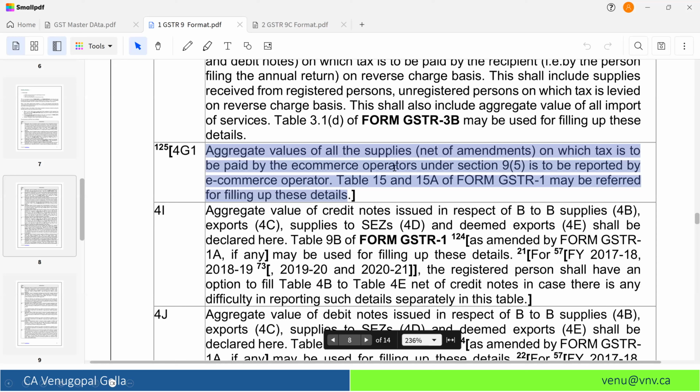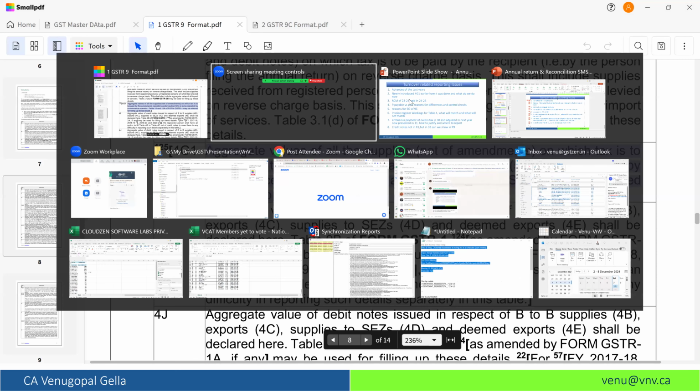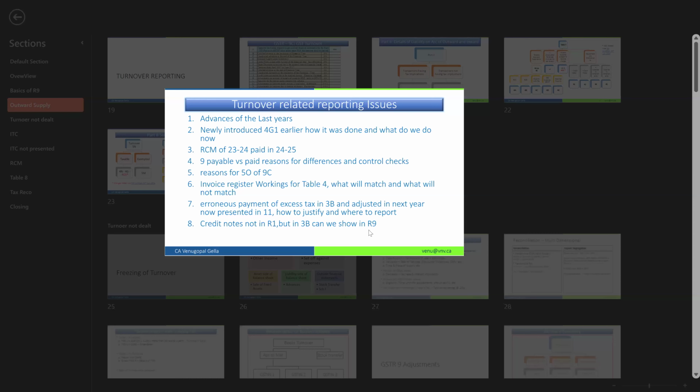Here we are talking about Urban Clap doing plumbing services, Ola, Uber, Make My Trip, unregistered hotels, Swiggy, Zomato. These people have two turnovers. Say Swiggy or Zomato: one is the hotel turnover, and the second is the advertisement. They might have corporate income and everything. Corporate income goes to the regular section of table 4, and the e-commerce turnover comes here under 4G1.